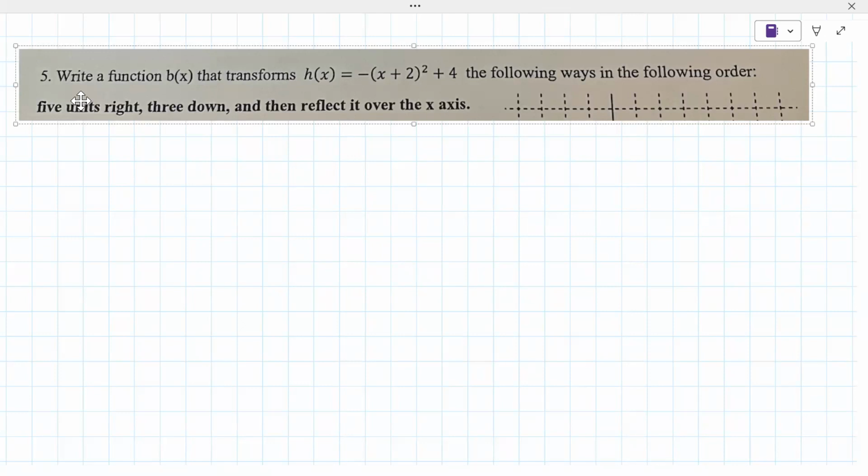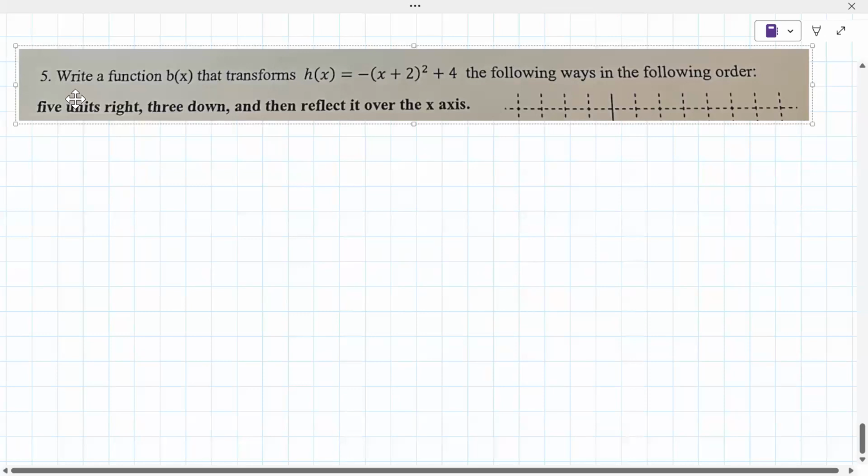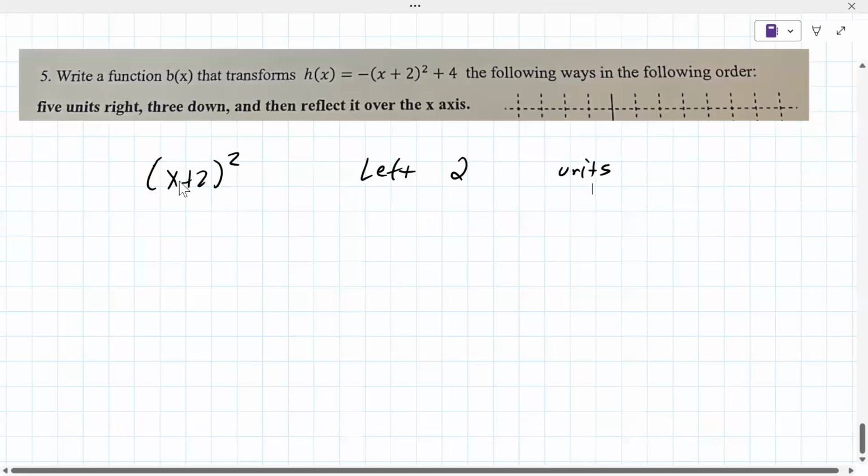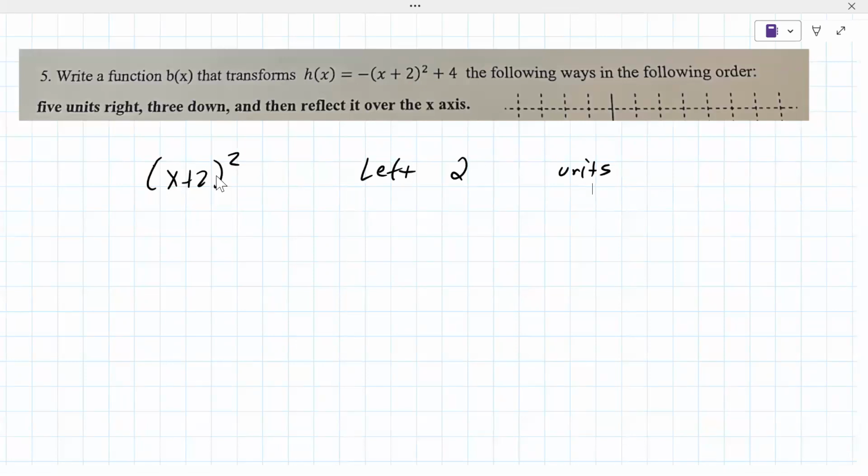Okay. So currently x plus 2 squared is left 2 units. And that's very much like what we were talking about earlier, where it's opposite of what you think. You might be like, why is it left? It's plus. Well, let's go with it for now. Sometimes things make more sense the more you do them.